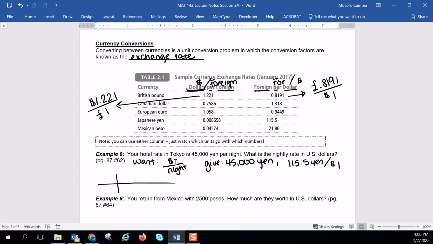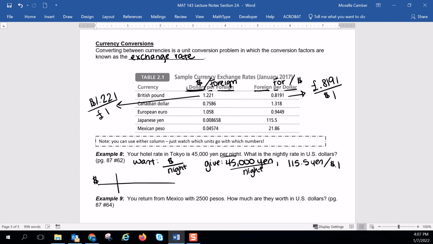Do the conversion. I want dollars per night, so I'm going to start with my dollars. Alright, sorry, I made a mistake, so this is 45,000 yen per night. Forgot that, so it is per night here. It's always good to go back and double check everything you do if something doesn't look right.